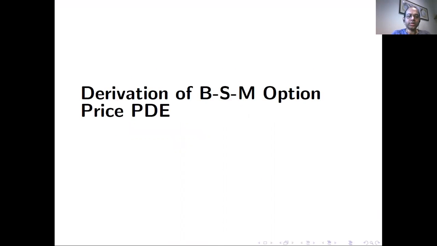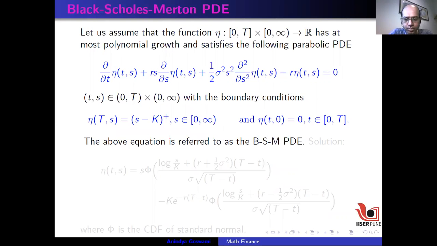So, the derivation. There is one expression of the Black-Scholes option price as a conditional expectation, under the risk-neutral measure. But I really want to avoid that approach, and I would get that as a consequence later.